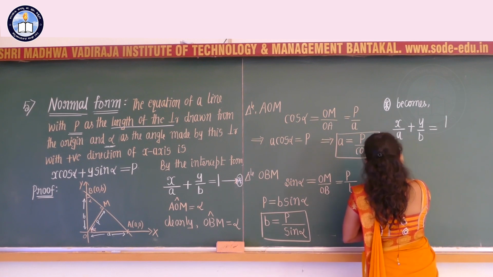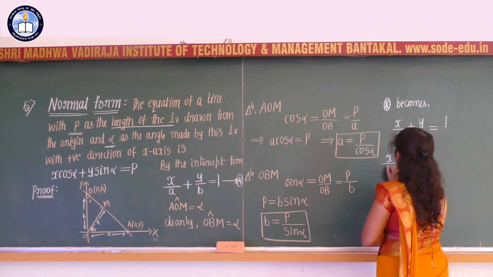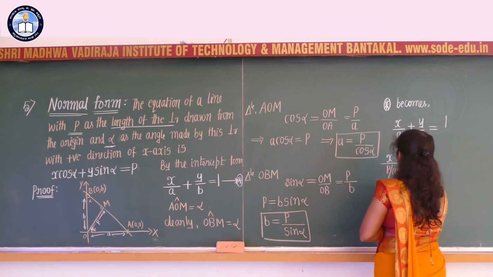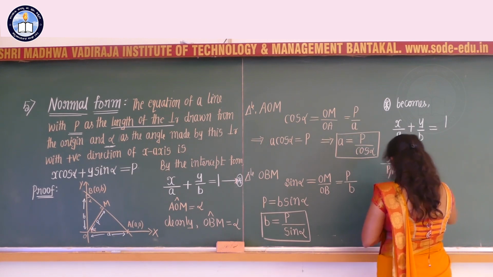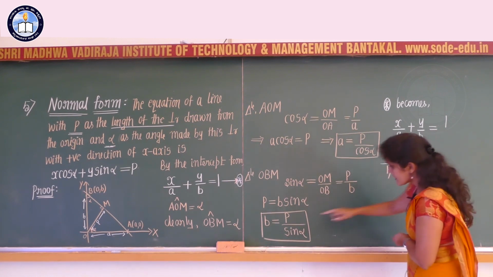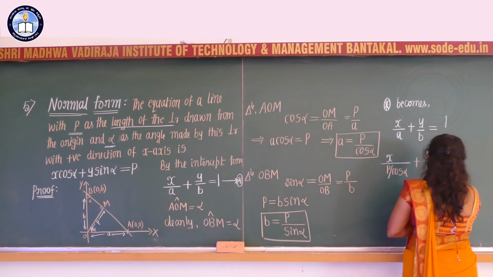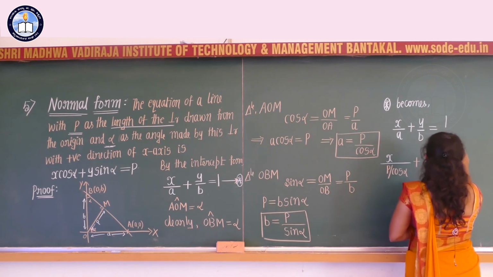That is, x divided by P by cos alpha, plus y divided by P by sin alpha, is equal to 1.